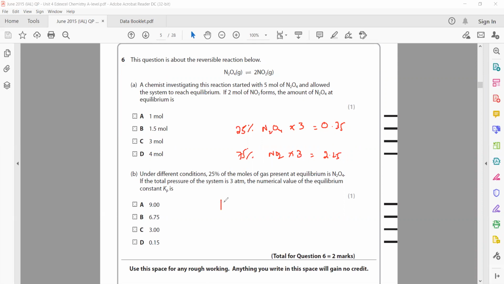So when we write the expression for Kp, pressure of NO2 squared divided by pressure of N2O4. So pressure of NO2 is 2.25 squared, divided by pressure of N2O4, that is 0.75. When we solve this, it will come out as 6.75. So B is the right answer.